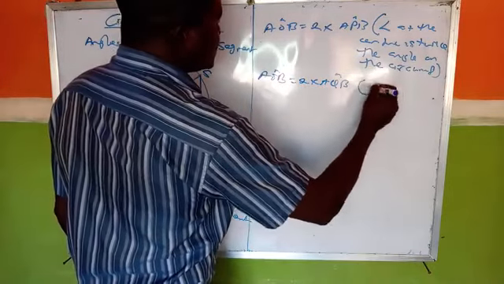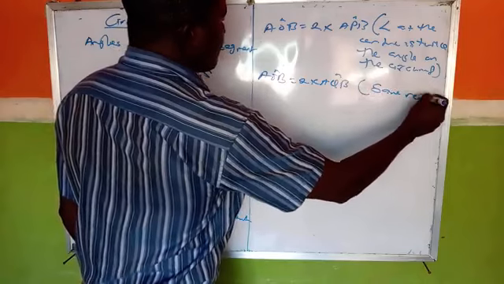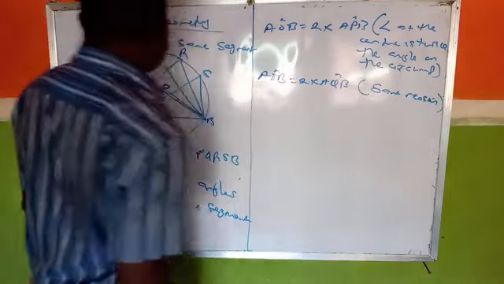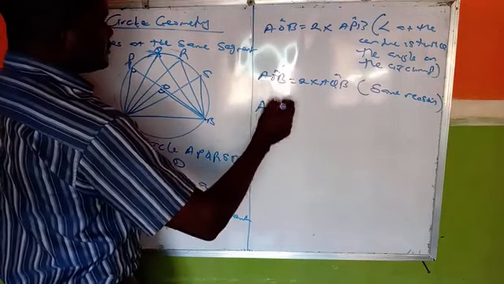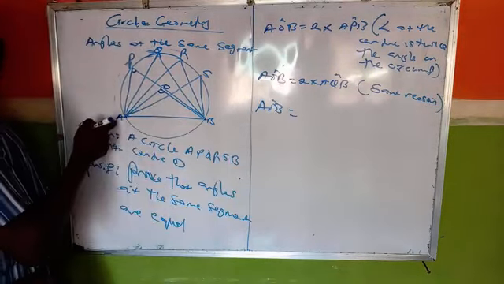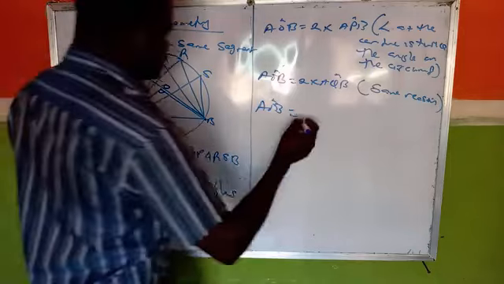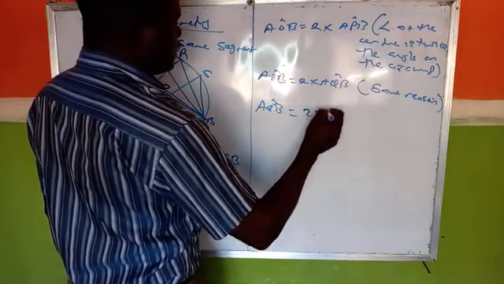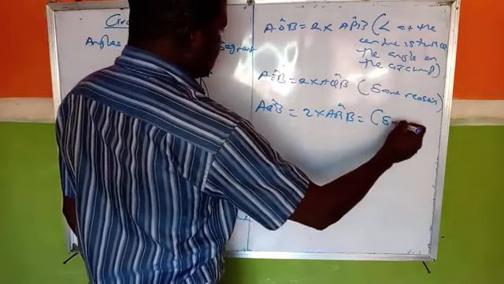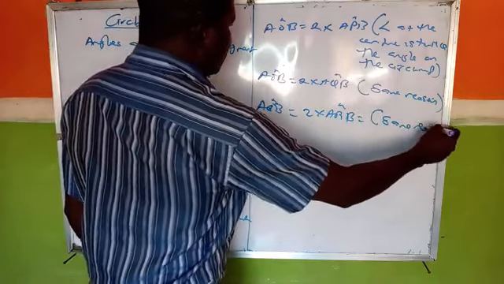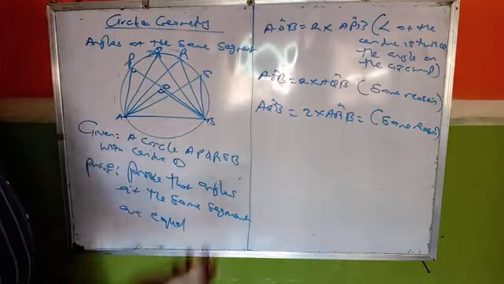So you simply say the same reason. Again, angle AOB is 2 times angle ARB. Same reason. Even if you have 10 like that, it's going to be the same reason.